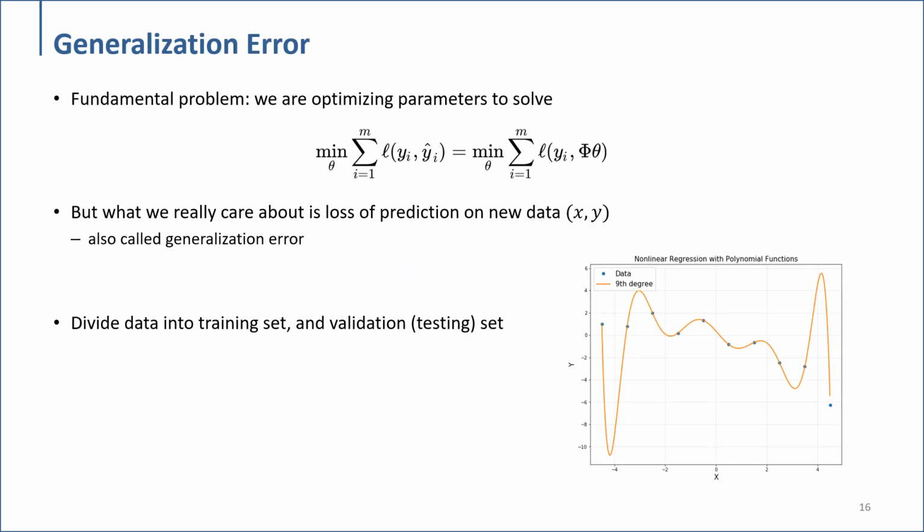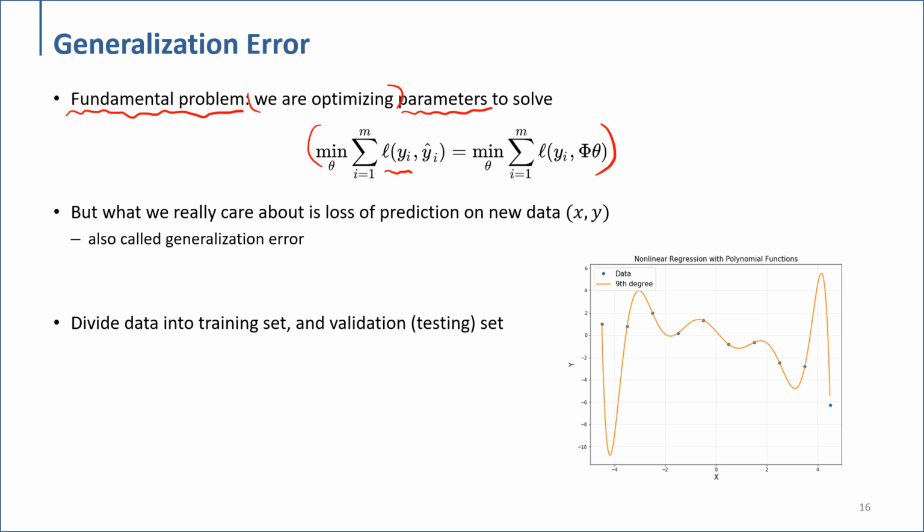When we think of the reason why the overfitting problem happens, there is a fundamental problem. The fundamental problem is that our objective function is optimizing parameters to solve this problem for the data. And here y hat and yi are exactly the ones that we have.